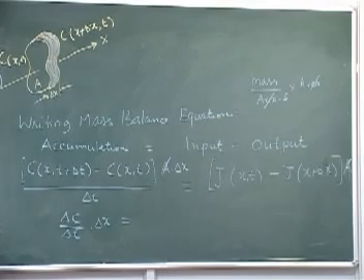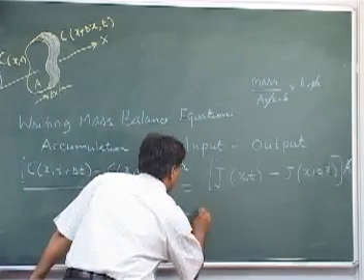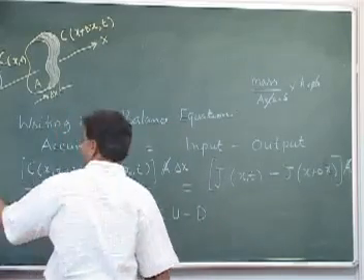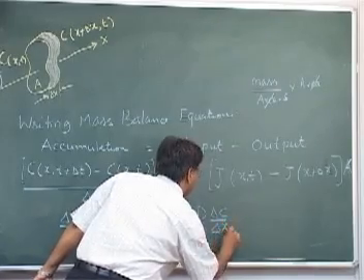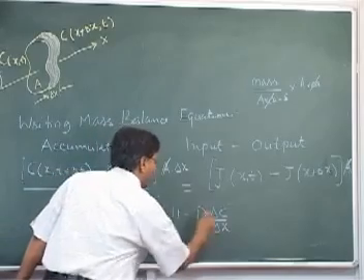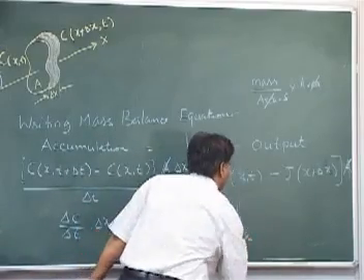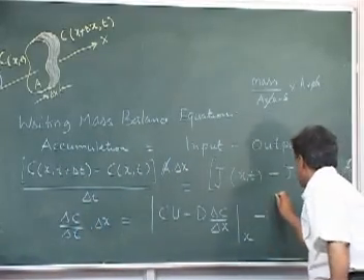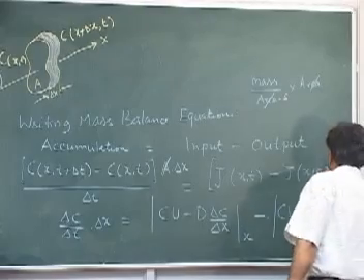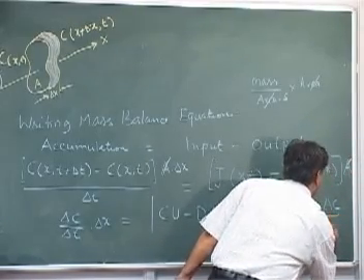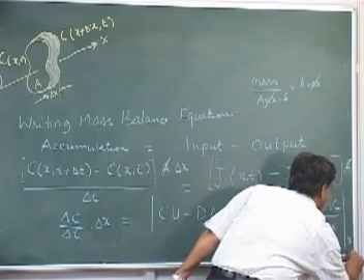So I can write C u minus D delta C over delta x, evaluated at x, minus C u minus D delta C over delta x, evaluated at x plus delta x.